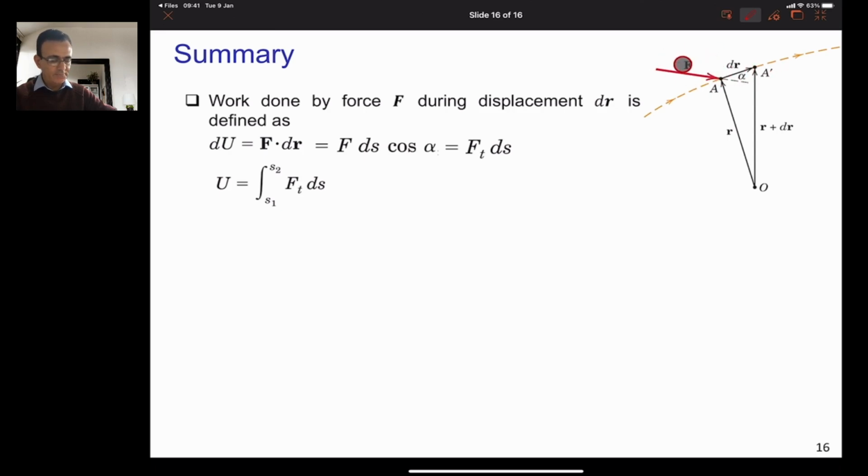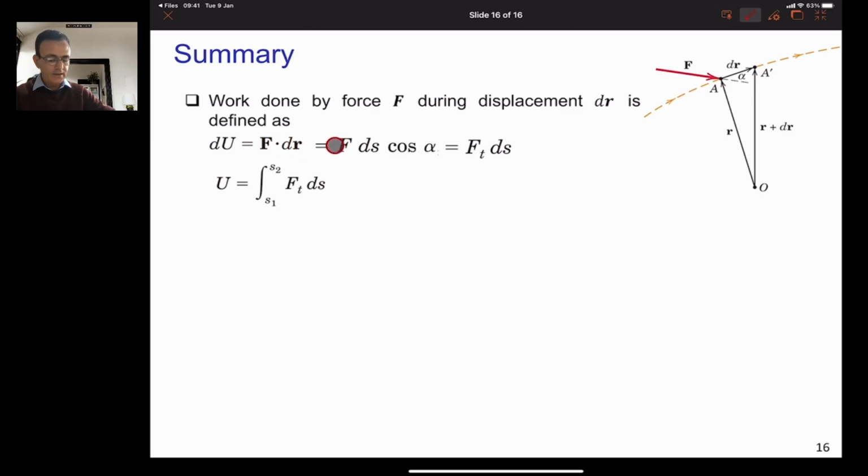The force F is the applied force, and dr is the displacement from A to A dash, and the angle between F and dr is alpha. R and R plus delta R are the position vectors of A and A dash. So we can write the differential work as F dot dr, which is the dot product of these two vectors F and dr.